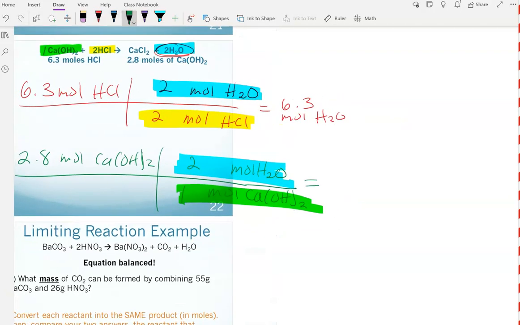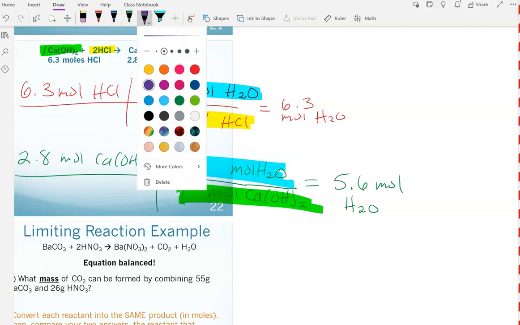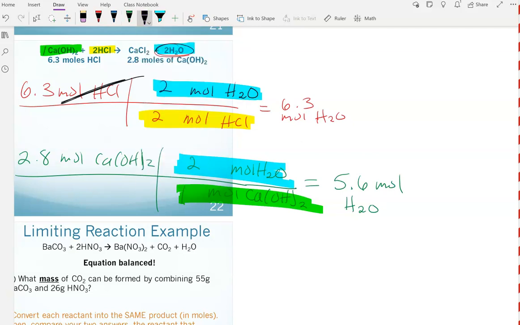Then I can compare them to see which is going to make less product and therefore be the limiting reactant. So I have 2.8 times 2 divided by 1. That would give me 5.6 moles of water. Okay, I'm going to cross off my units as well.